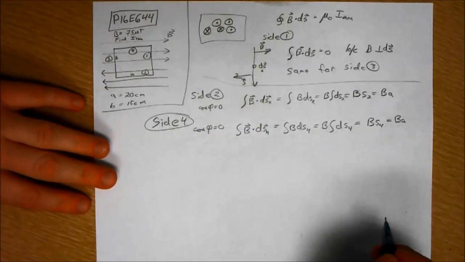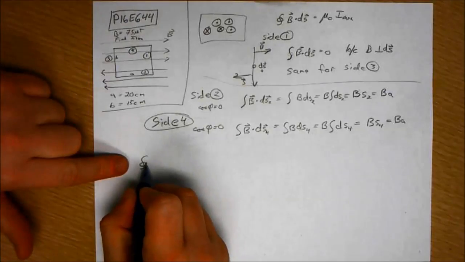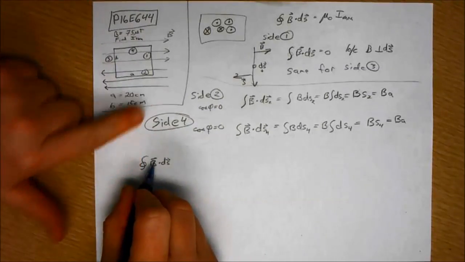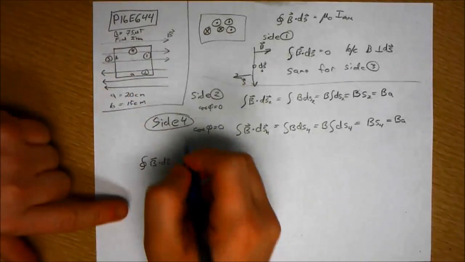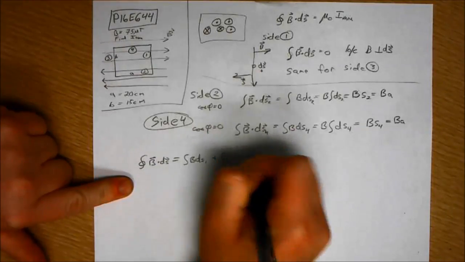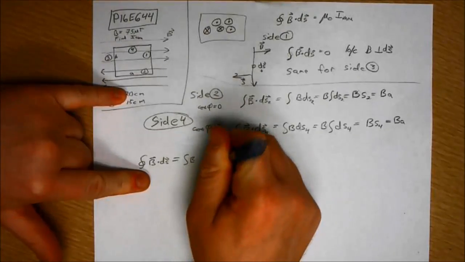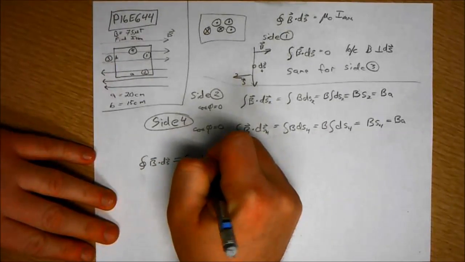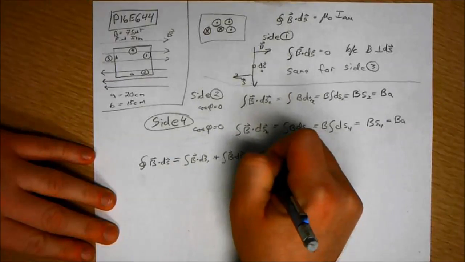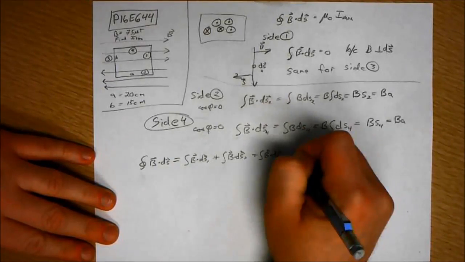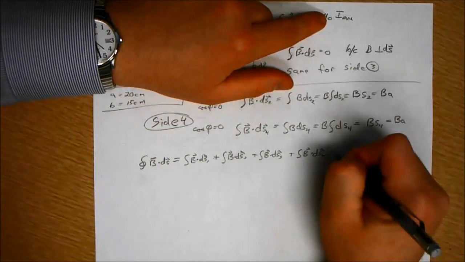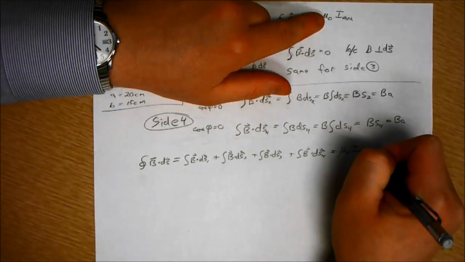Pulling it all back together, Ampere's law says that the integral around a closed path, remember that circle means around a closed path, of B dot ds, where B is the magnetic field all along that closed path and s is the path itself, is going to be the integral of B dot ds1 plus the integral of B dot ds2 plus the integral of B dot ds3 plus the integral of B dot ds4, and that equals mu naught I through.